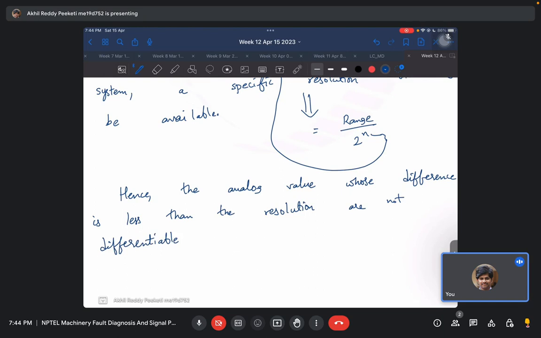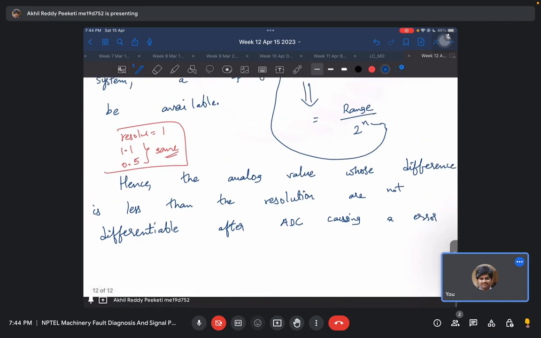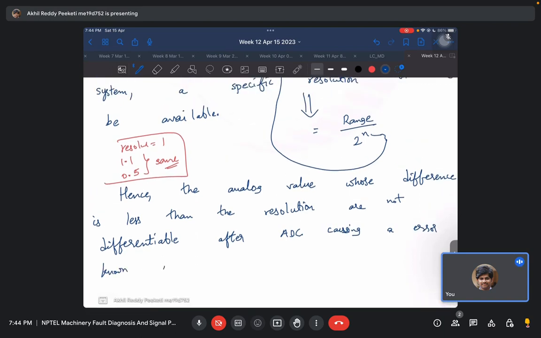Hence, let's say you have a resolution of 1, then 1.1 and 0.5, whose difference is 0.6, are the same, but they are actually different. So they won't be differentiable after analog to digital conversion, causing an error known as the quantization or digitization error.